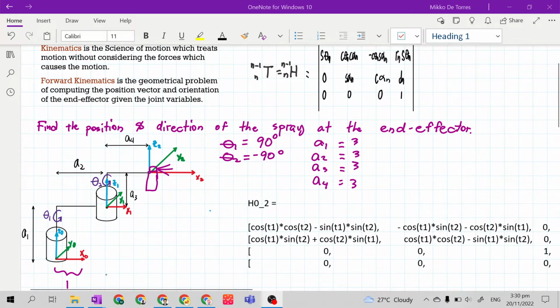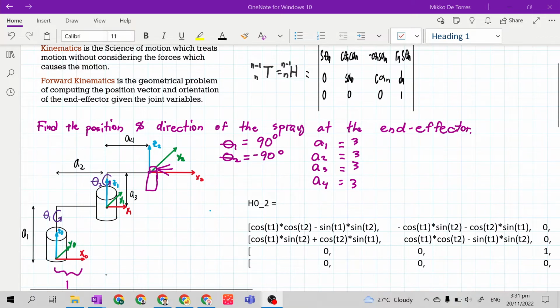The problem is to find the position and direction of the spray at the end effector. The given joint variables are theta 1 equals 90 degrees and theta 2 equals negative 90 degrees, while the link lengths are all 3 units.